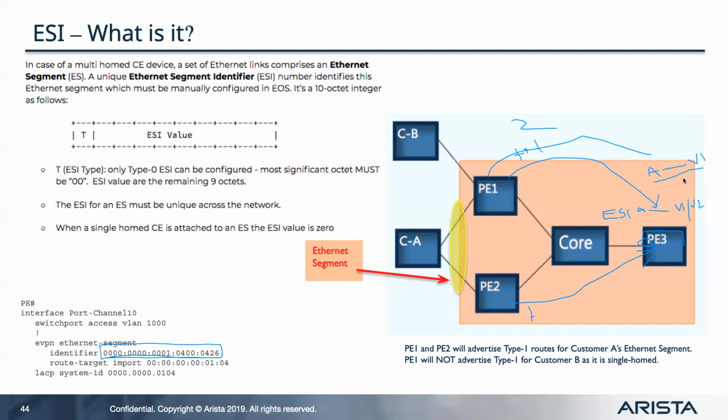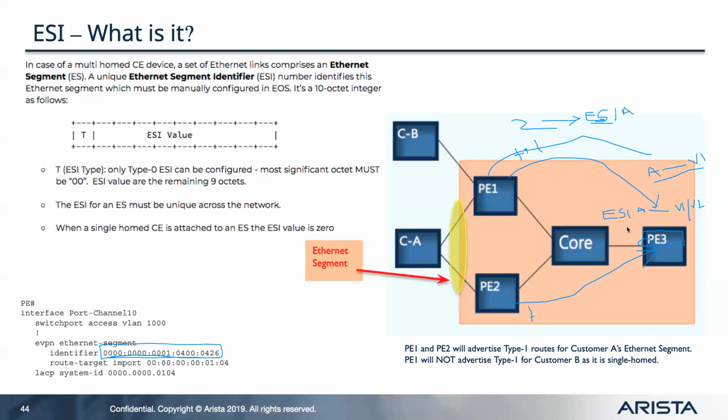And if you remember type 2 update, we also have Ethernet segment identifier field, ESI field, right? So basically in this also you are saying, hey, I am part of this Ethernet segment and this is my MAC and it is behind VTEP 1. This is type 2, right? ESI A, right?